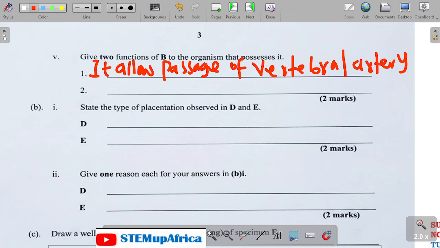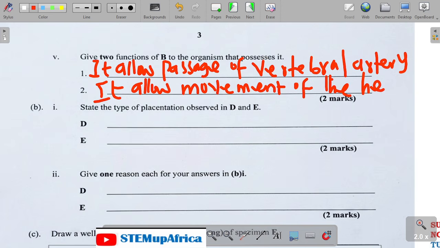Then number 2, it allows movement of the head. So take note. Then question B, we are asked to state the types of placentation observed in D and E. For D, we have the parietal placentation.